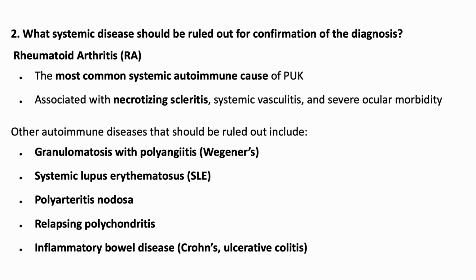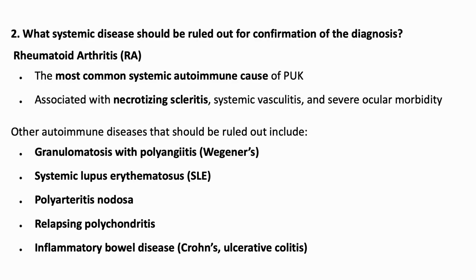Moving to the second, what systemic diseases should be ruled out? The most important systemic disease is rheumatoid arthritis, RA, because it is the most common and it will cause severe necrotizing scleritis that will lead to rapid corneal melting and perforation.